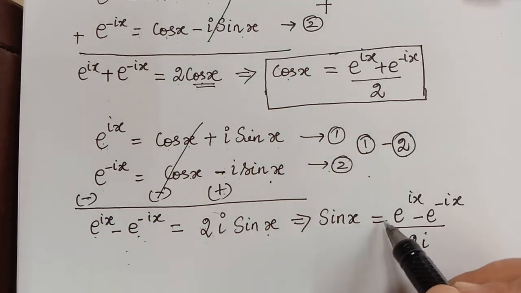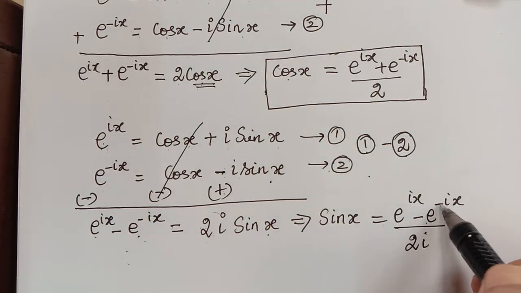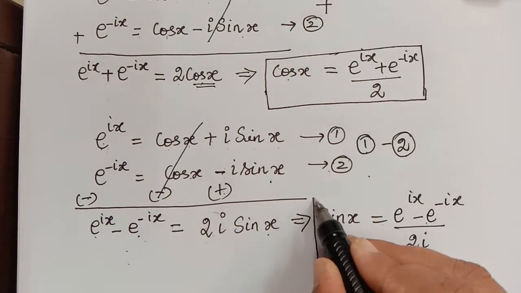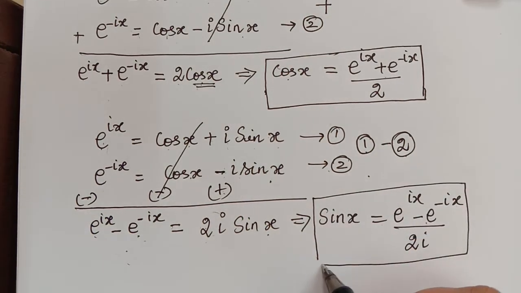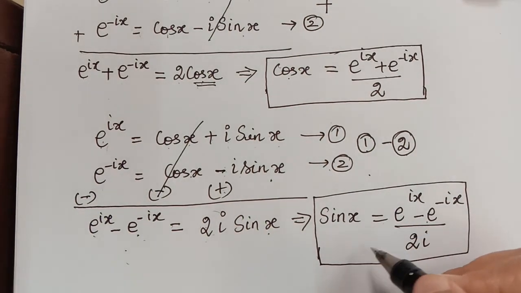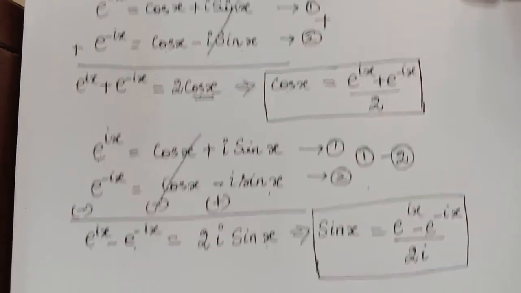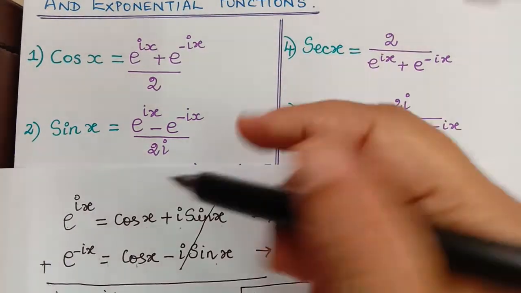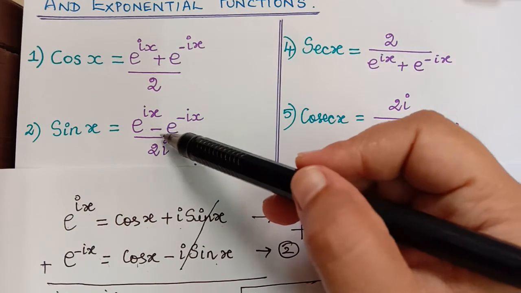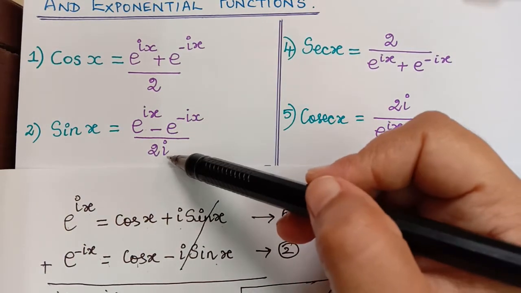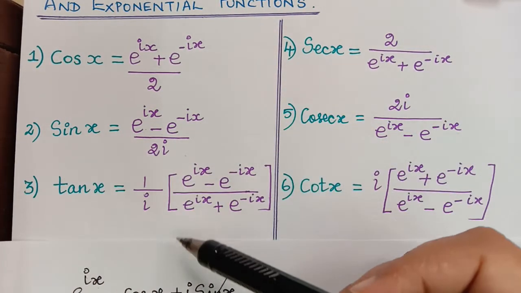So sin x is equal to e power ix minus e power negative ix divided by 2i. So this is how we have obtained the next formula. Now the next one is tan x.